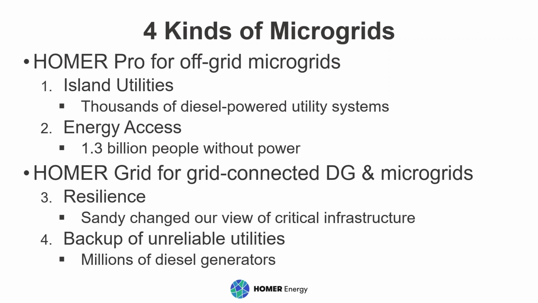Now, ever since Superstorm Sandy, and actually now there have been many other hurricanes, but that one sort of was the first one as a wake-up call that we needed to think more about resilience and reliability. So here in the U.S., microgrids are being developed specifically because they can provide higher quality, high reliability power, and they're not dependent on the transmission and distribution system, which is where the vast majority of outages occur.